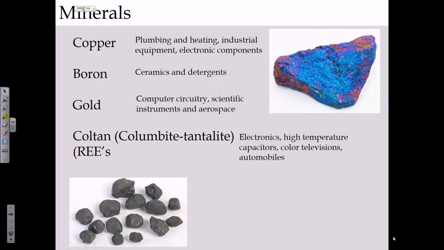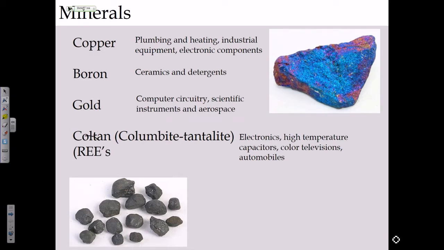The other side of this coin is that if we cannot grow it either as plant or animal material, then we have to extract it from the Earth's interior. And we see in my initial list here just a few things that we are interested in, ranging from the somewhat obscure coltan down here at the bottom, which is a mixture of two minerals, columbite and tantalite, and those contain rare earth elements, or what I'm labeling here as REEs.